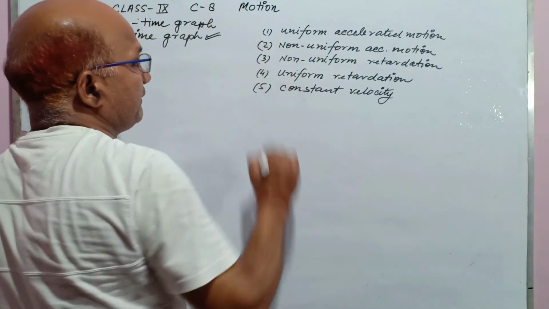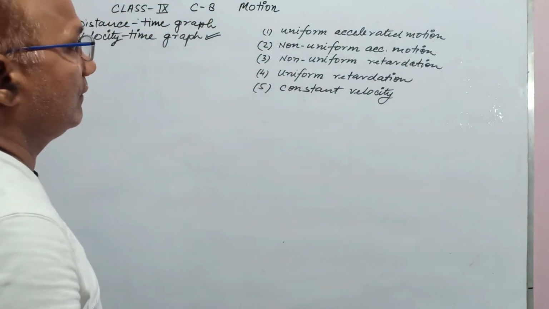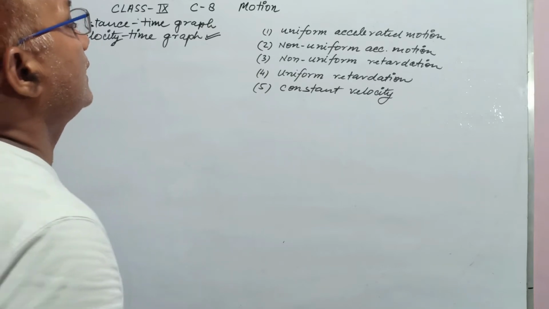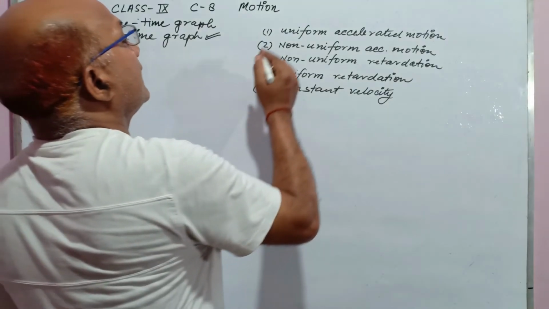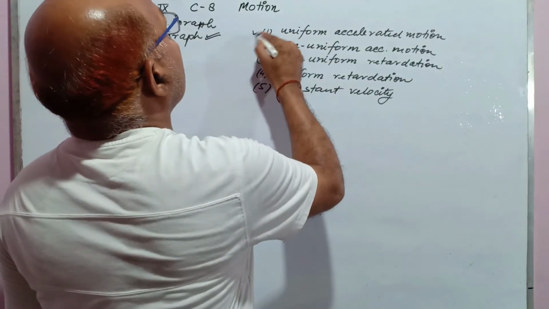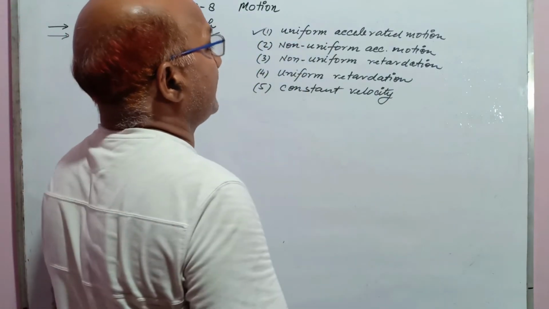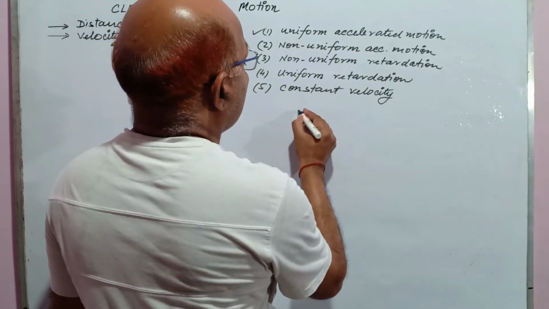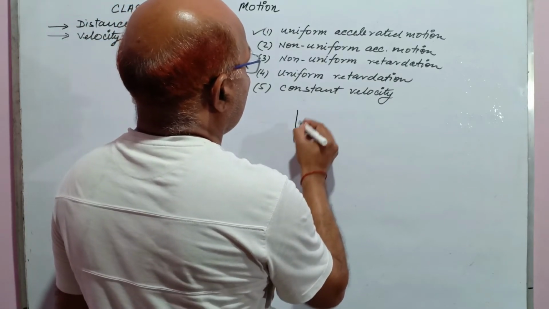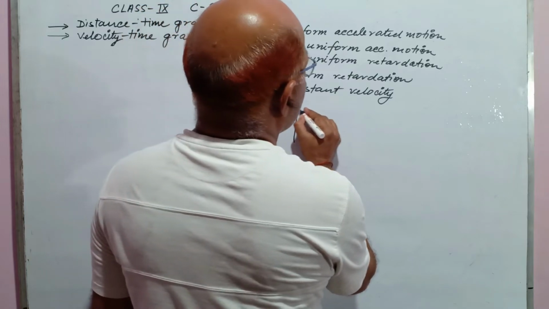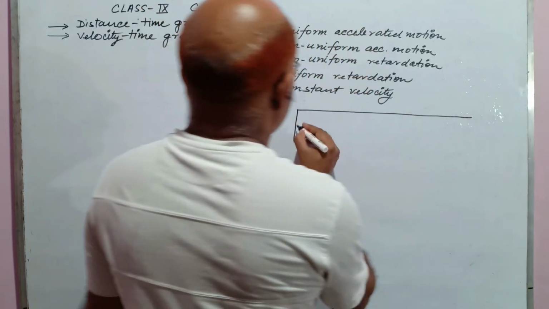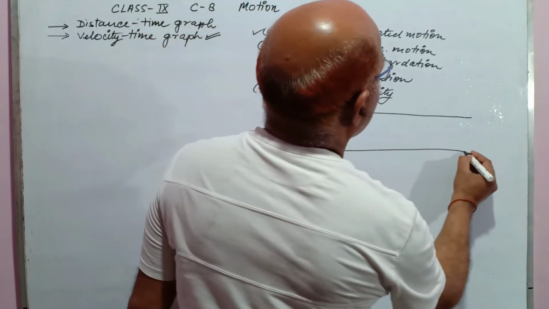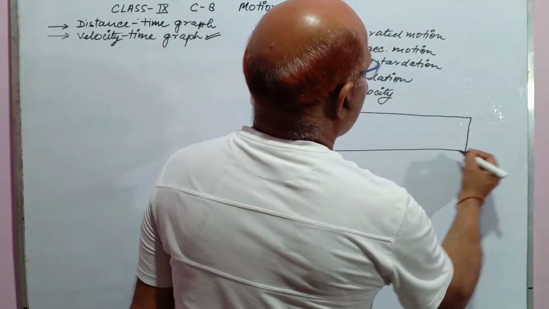For these different conditions, we can draw a velocity time graph, and let us take an example for uniform accelerated motion. So we consider a data. For any given data, we can draw a velocity time graph.